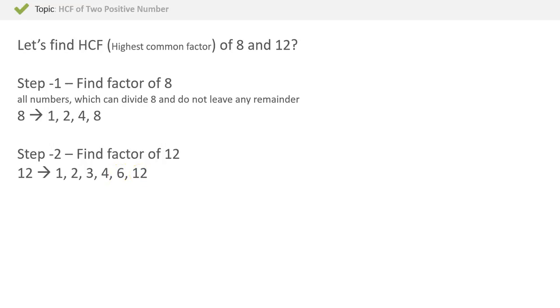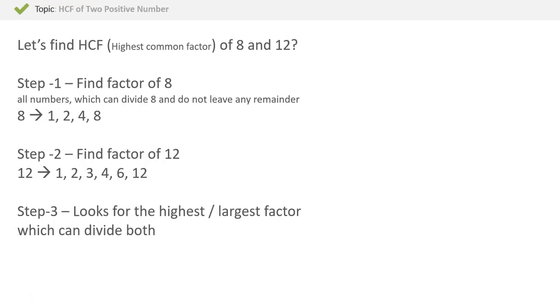Now since we have found factors for number 8 and number 12, we'll move to step number 3, where we'll look for the highest or largest factor which can divide both 8 and 12. We know the factors of 8 are 1, 2, 4 and 8, and similarly the factors of 12 are 1, 2, 3, 4, 6, 12.